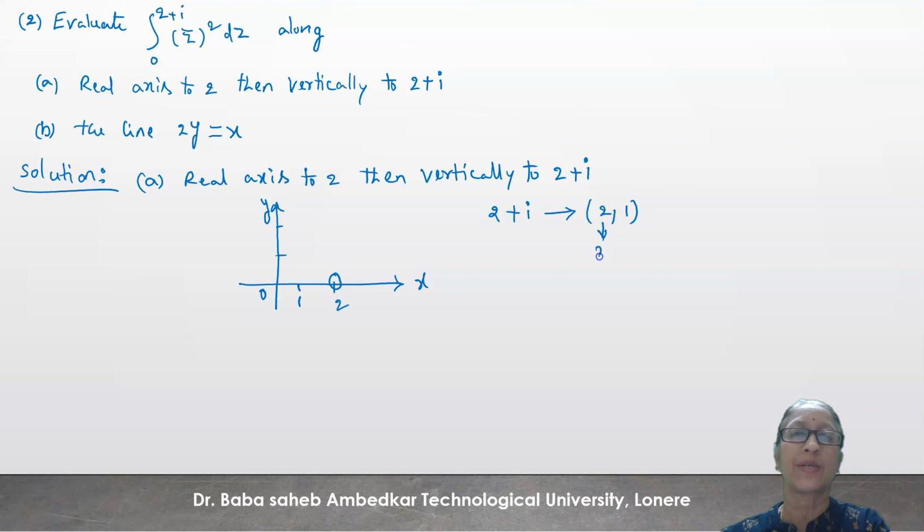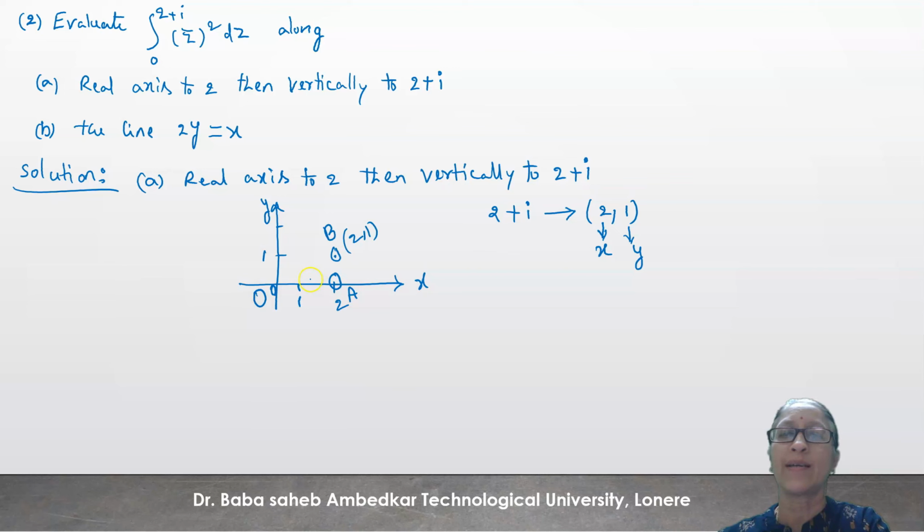That means 2 is the value of x, 1 is the value of y. If you plot (2, 1) here, from 2 you have to go vertically to 1. So this point is (2, 1), which is 2 plus i. Let us say this is A, this point is B, and this point is O.